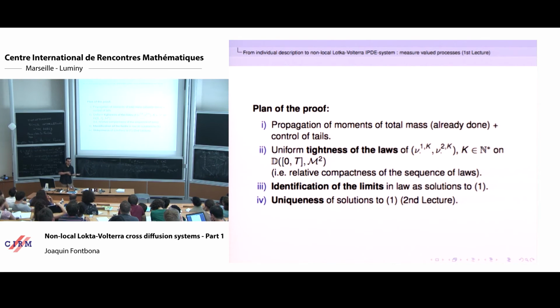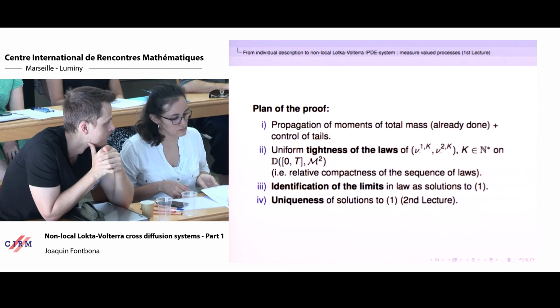But if you are rather familiar with PDE tools, it is very similar to first obtaining a priori bounds, then showing some type of compactness of your objects, and then seeing that in the limit of converging subsequences, you satisfy the equation for which you want a solution. And then if you really want to show convergence, you need to show that all the accumulation points are the same, and that is related to uniqueness.